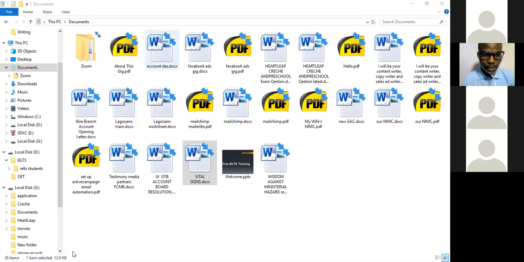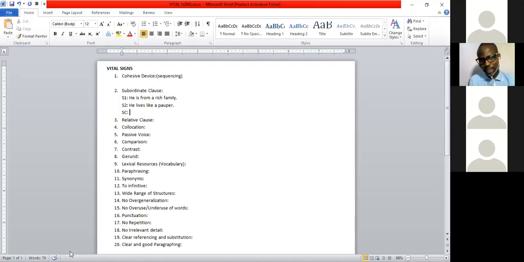So we're moving on. To write your subordinate clause, you find out that these two sentences are typically not both positive. The first one is positive, the second one is negative, so to speak. So in that case, we'll be using contrast. So let's say we want to use although.